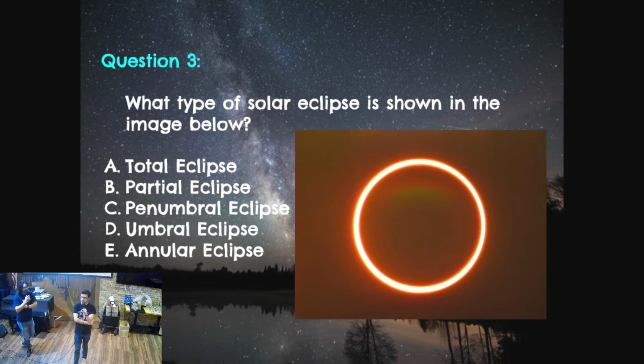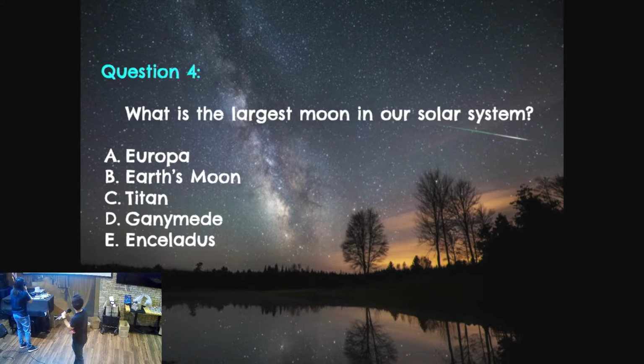Question 4. What is the largest moon in our solar system? A, Europa, B, Earth's moon, the moon, C, Titan, D, Ganymede, or E, Enceladus?